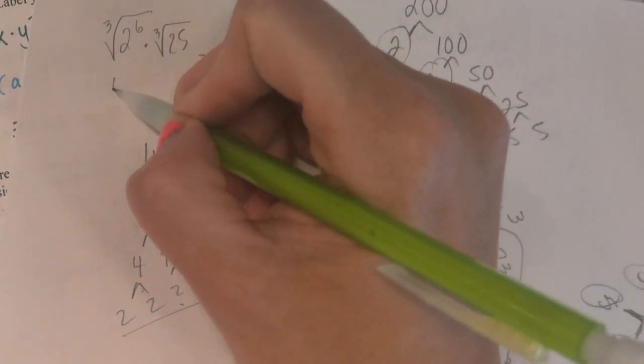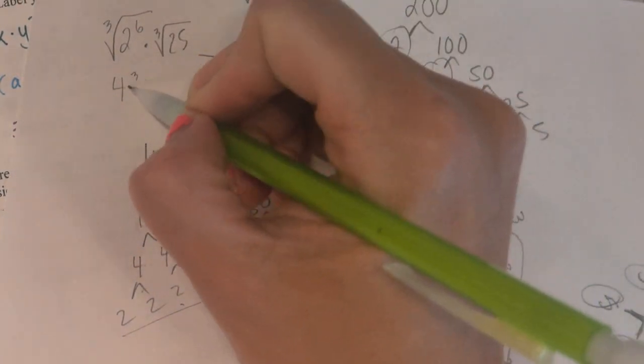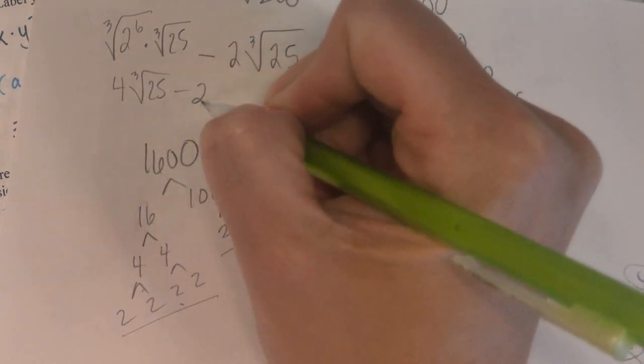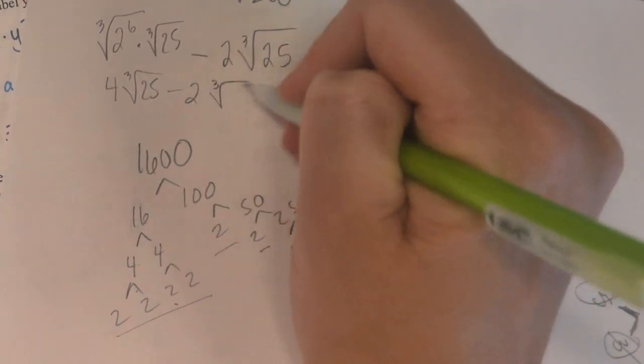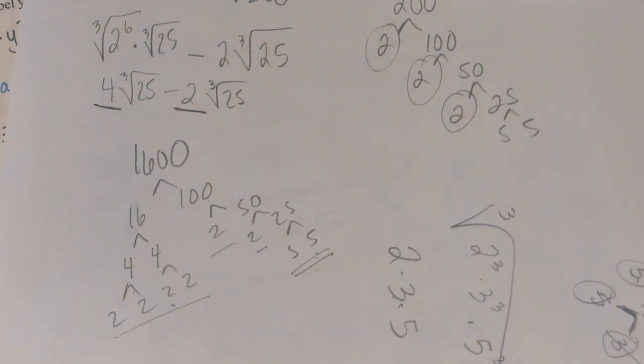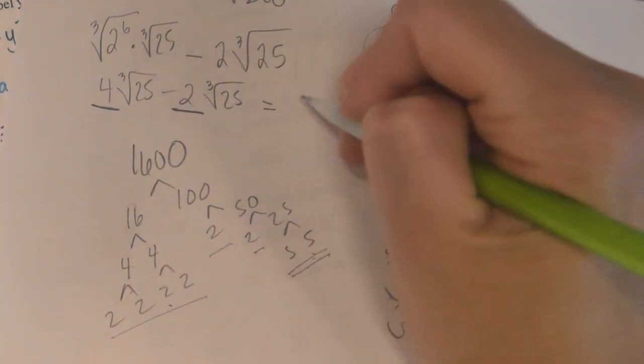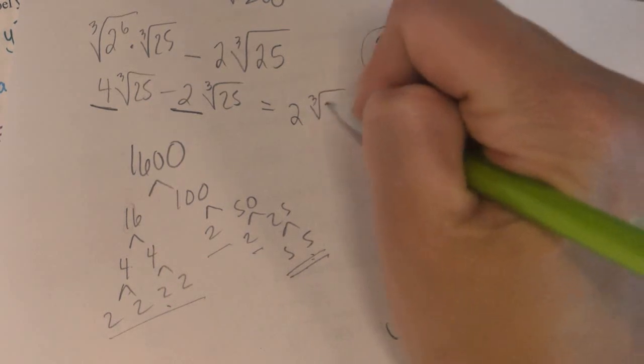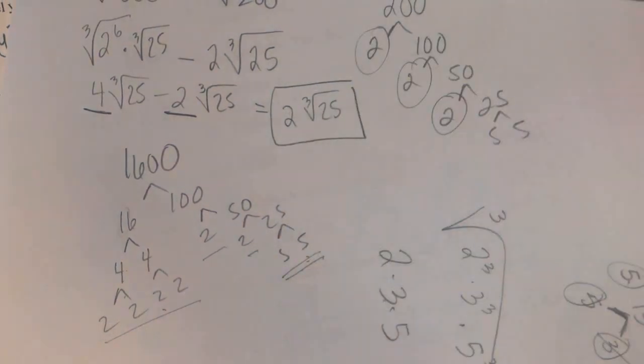You could also split them up and do it twice if that's easier for you. And then once you have the same root, all you have to do is subtract the numbers in front. So 4 minus 2 is 2. So that's how you get 2 times the cube root of 25.